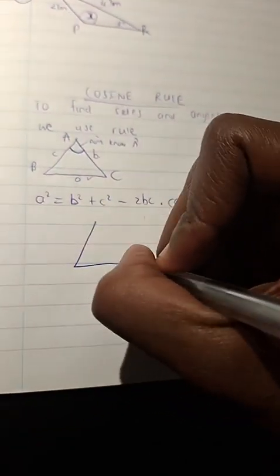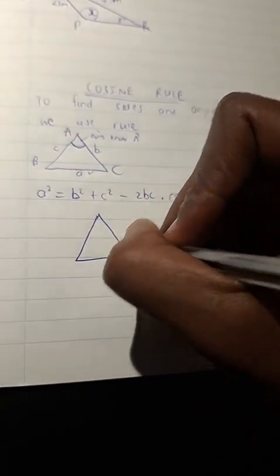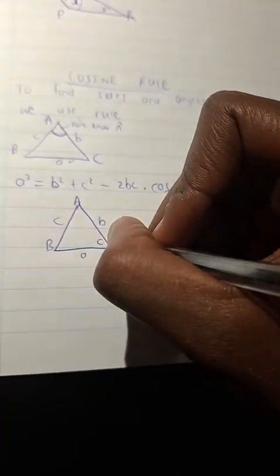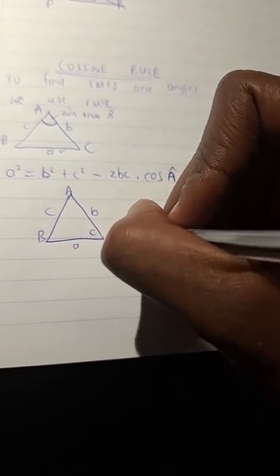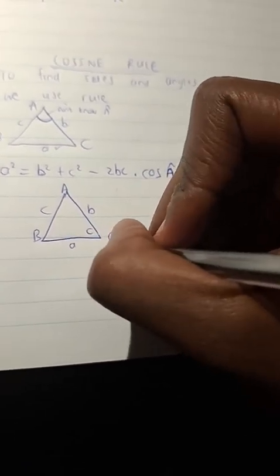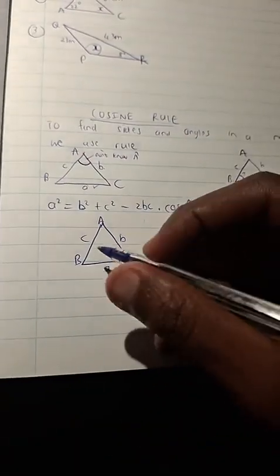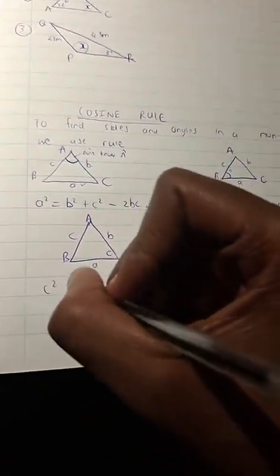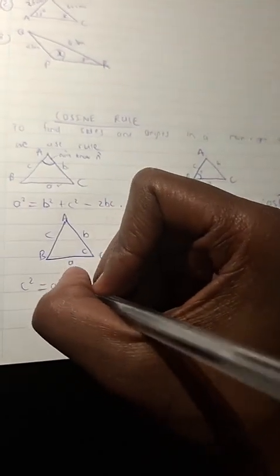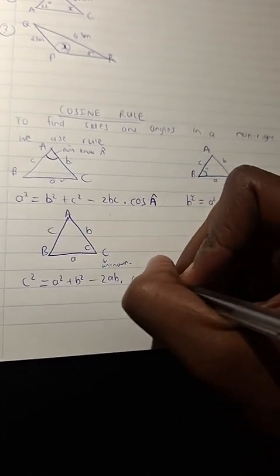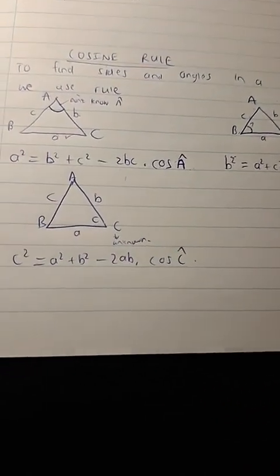And lastly, the same, but this time it's C that is not known. So if angle C is unknown, then what we would do there is say c squared is equal to a squared plus b squared minus 2ab cos of angle C.